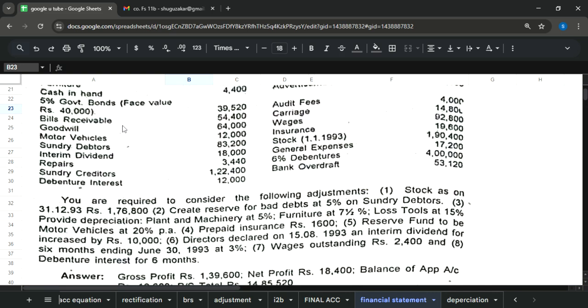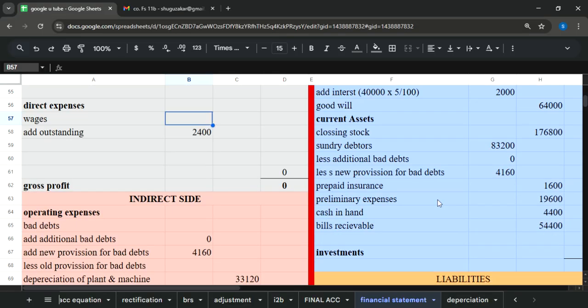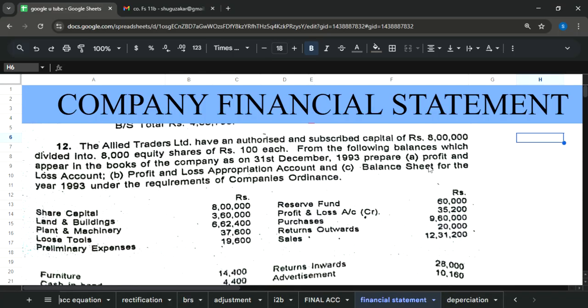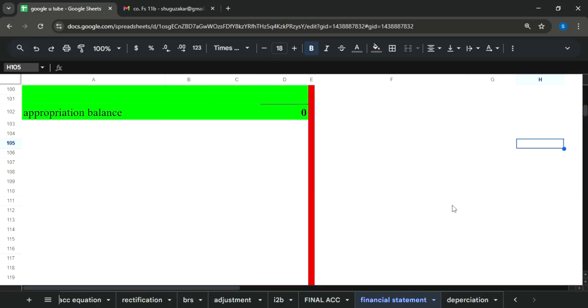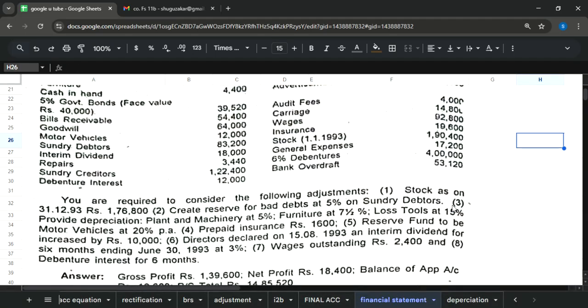Now let's go to the right side where reserve fund is mentioned. We'll go to the liability side, and here reserve fund would be recorded, amount of which is 60,000. In the liability side, you have recorded reserve fund.